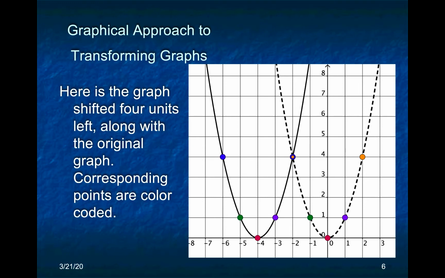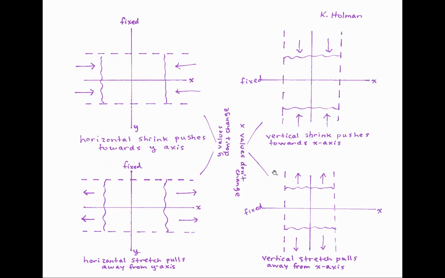It gets a little more interesting when we stretch and shrink. Here is a little diagram that I've drawn up to help visualize the vertical stretching and shrinking. This is a piece of the Transforming Overview document that is available in the Google Drive folder. So on the left-hand side, we have the horizontal shrink and stretch.